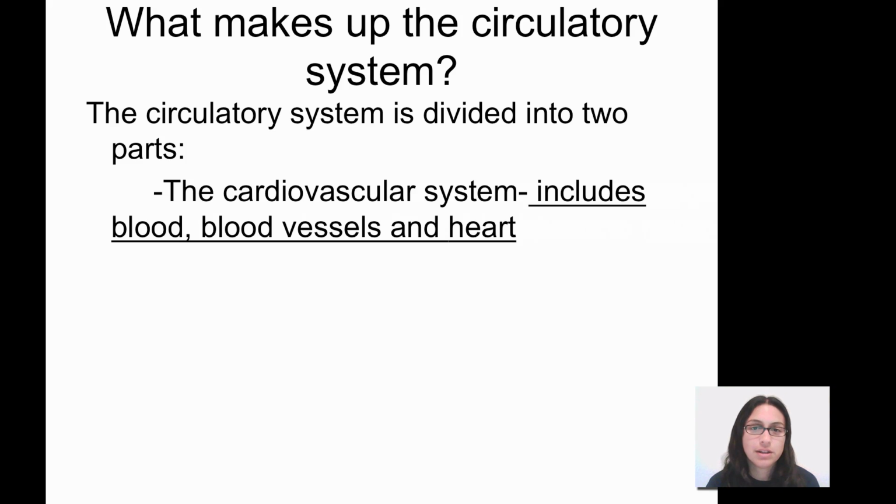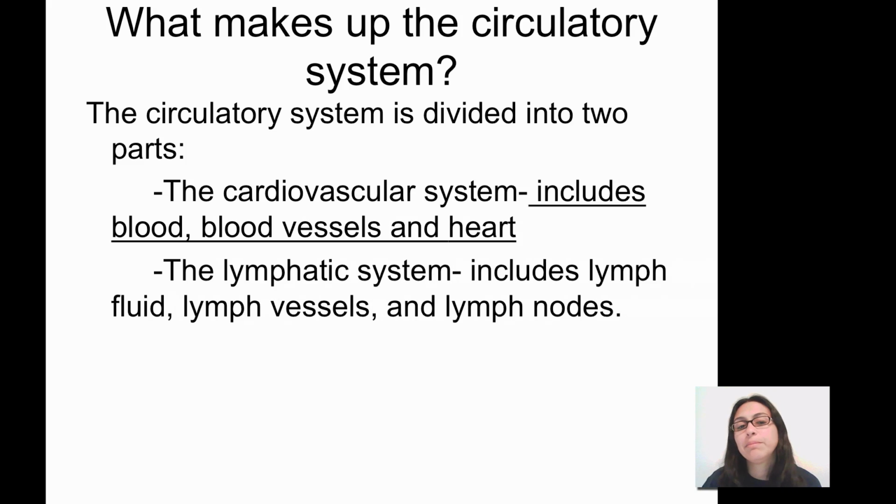This includes blood vessels and the heart. That's usually what people think of when they think of the circulatory system. The second part of the circulatory system is the lymphatic system. It has very similar kinds of parts to the cardiovascular system, but it includes lymph fluid, lymph vessels, and lymph nodes.